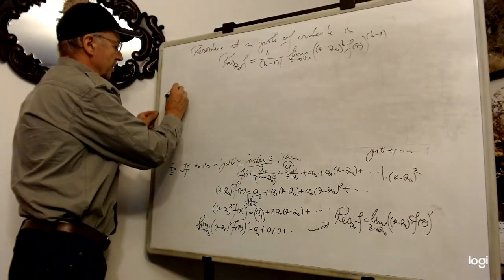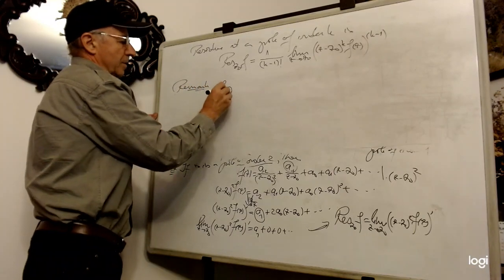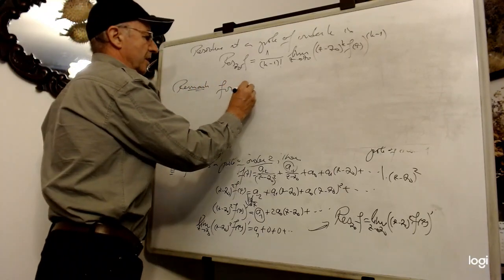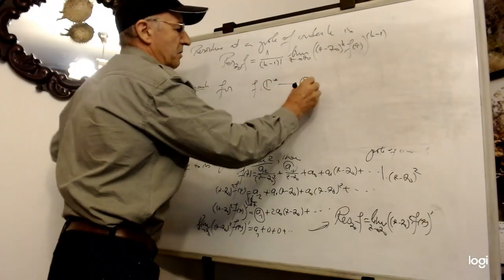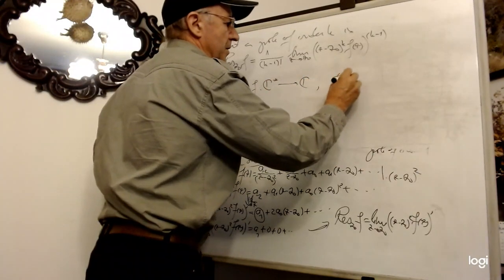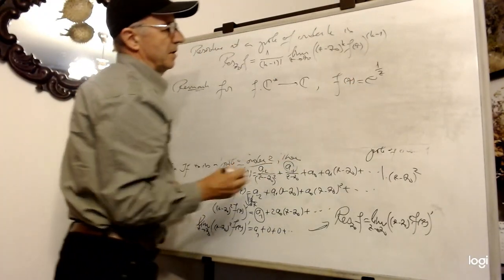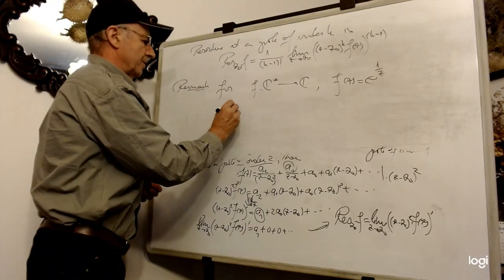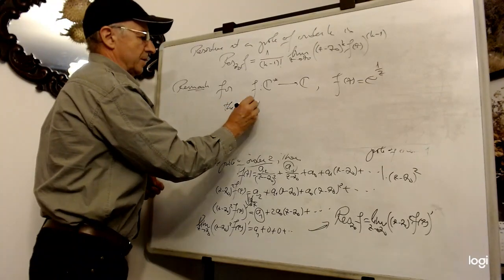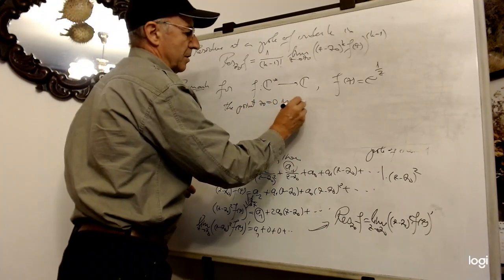For example, remark for the function f from C star to C, f(z) = exp(1/z), the point z0 = 0 is not a pole.